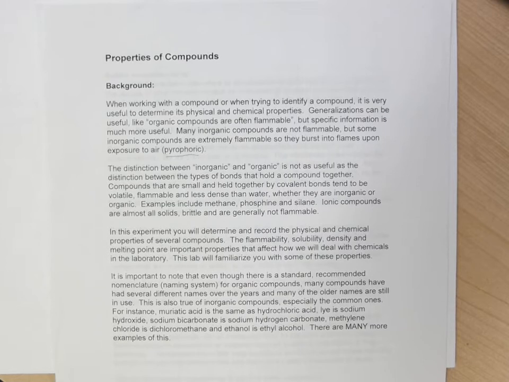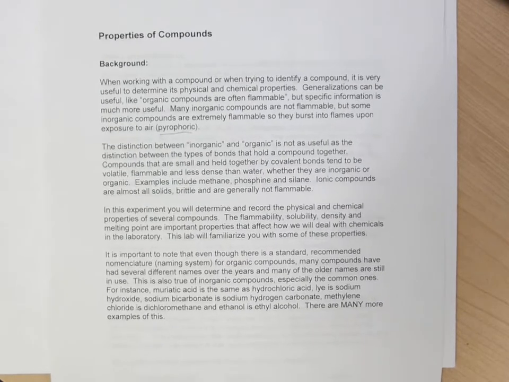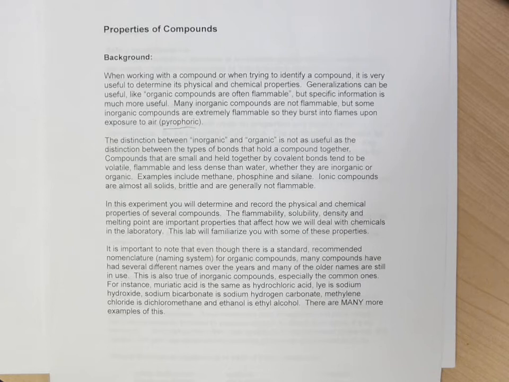So in this experiment, we would normally record physical and chemical properties of several compounds. Flammability, solubility, density, and melting point are important properties that affect how we deal with chemicals in the labs.